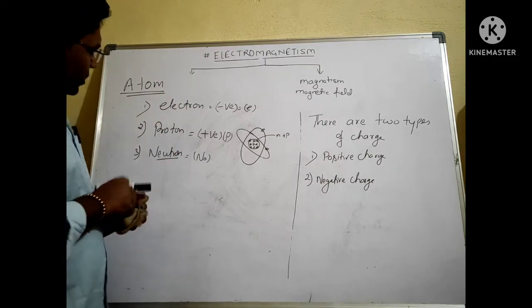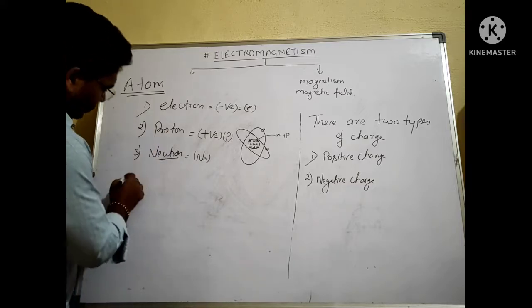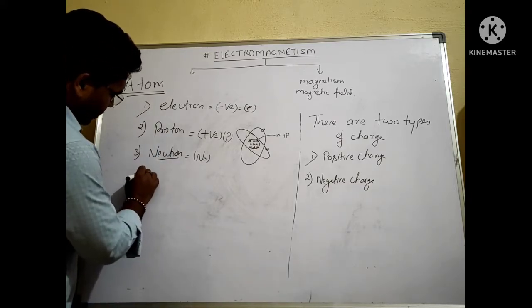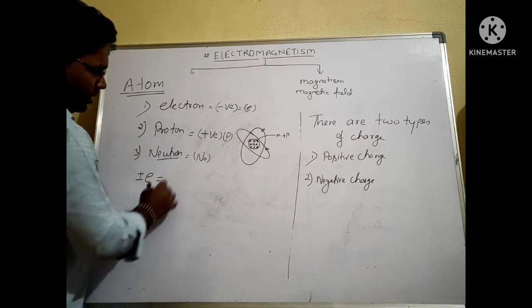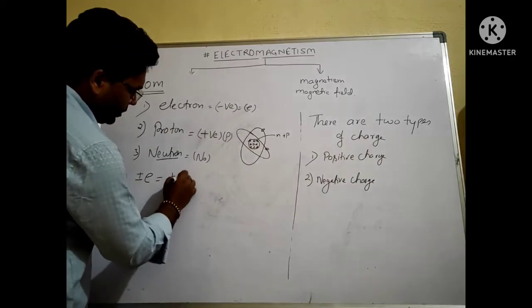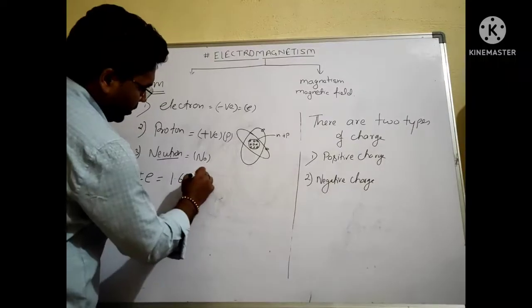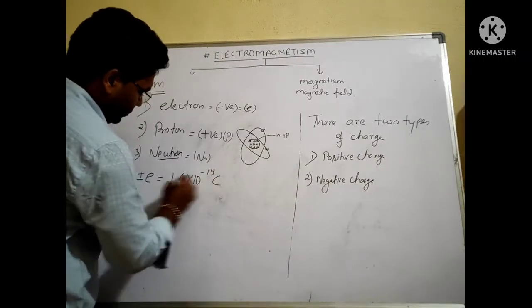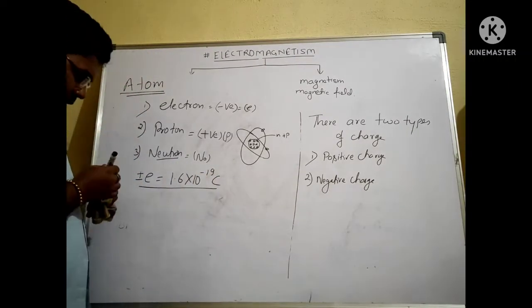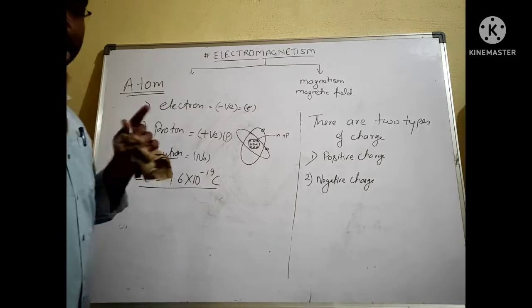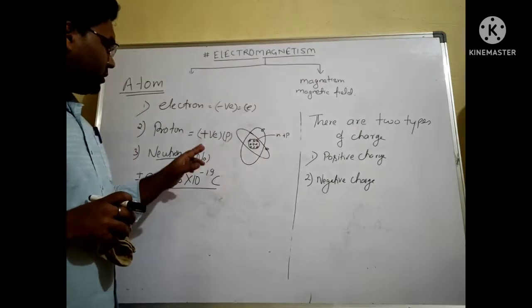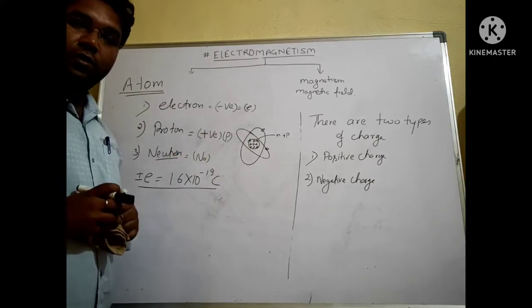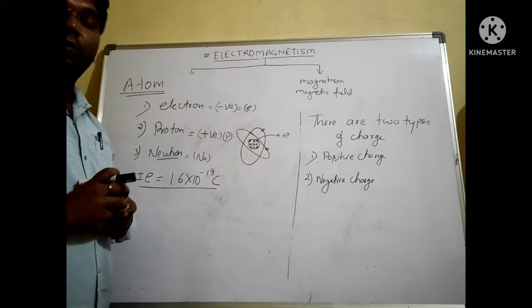Electron and proton are represented as negative e and positive e, with the value of charge as 1.6 times 10 to the power minus 19 coulomb. This is the smallest charge on the electron, or the proton.